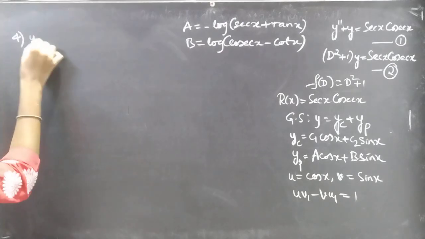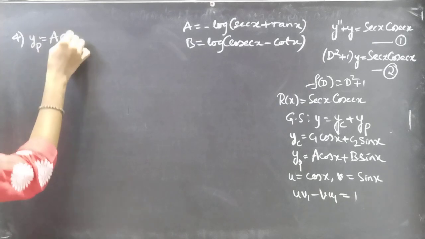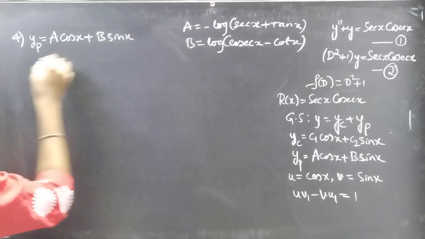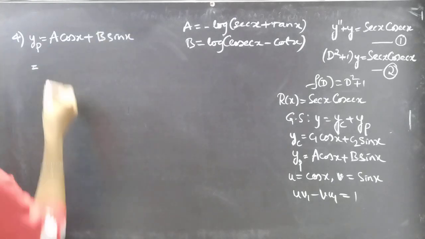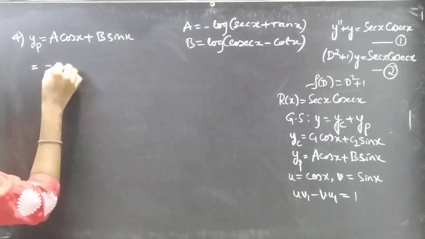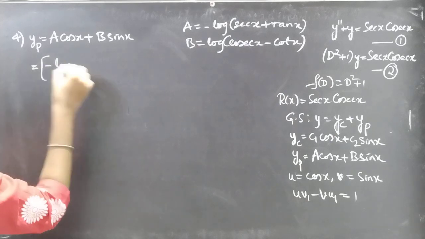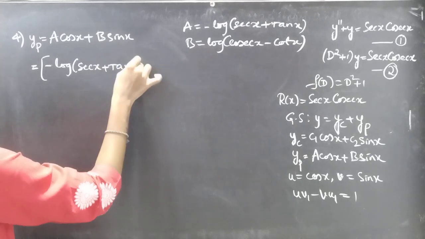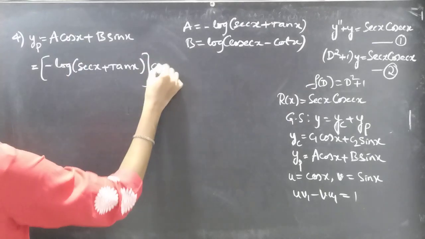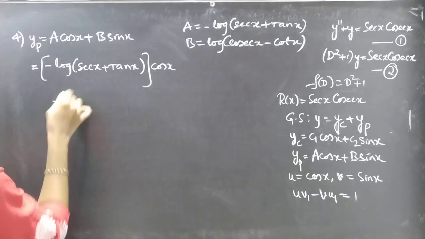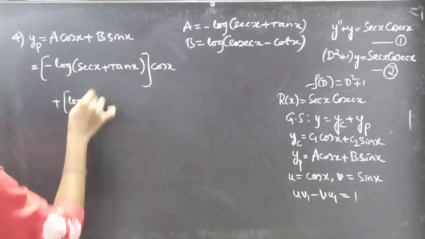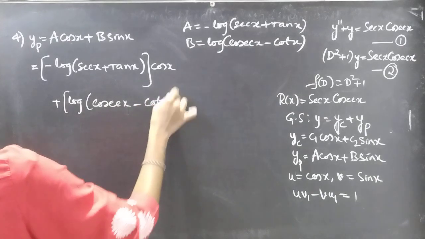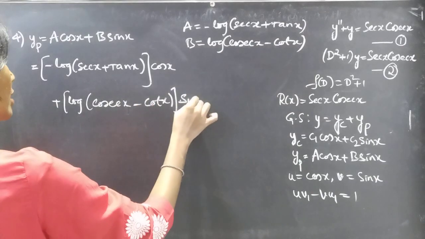Yp is given by a cos x plus b sin x, right? Where a is minus log of secant x plus tan x, into cos x, plus b, log of cosecant x minus cot x, into sin x.